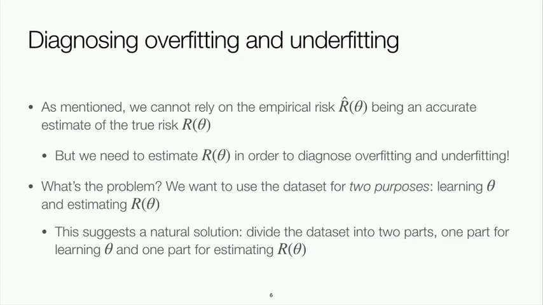The other part I'm going to use for estimating my true risk. Because I never used that second part to learn theta, as long as it's big enough, it should still be a fairly accurate Monte Carlo estimate of my true risk. And doing that lets me do both things I want to do. First, learn theta, that's the ultimate goal. But second, estimate my true risk so that I can diagnose overfitting.